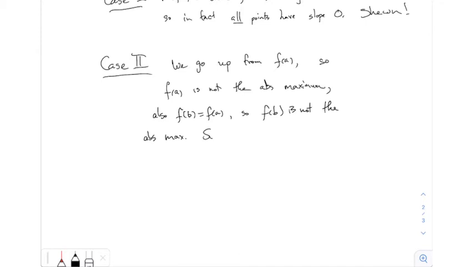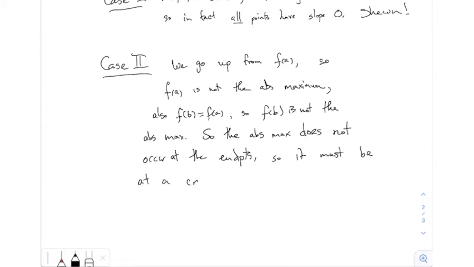So the absolute maximum does not occur at the endpoints, so it must be at a critical number.